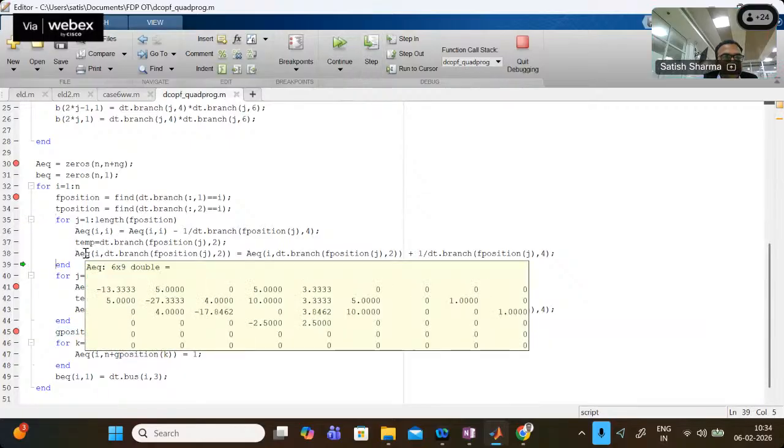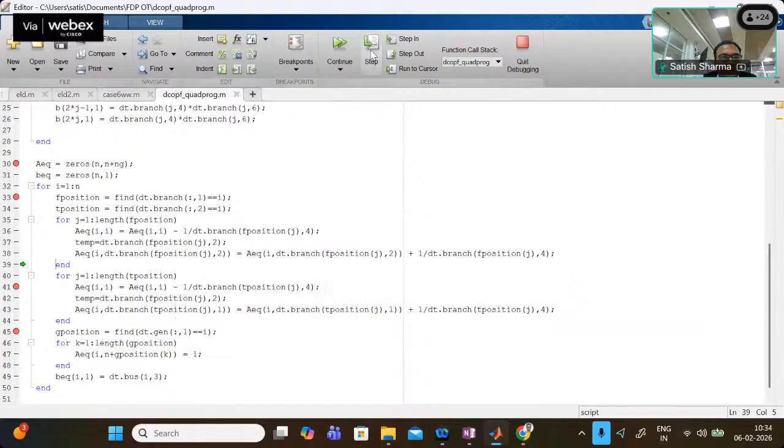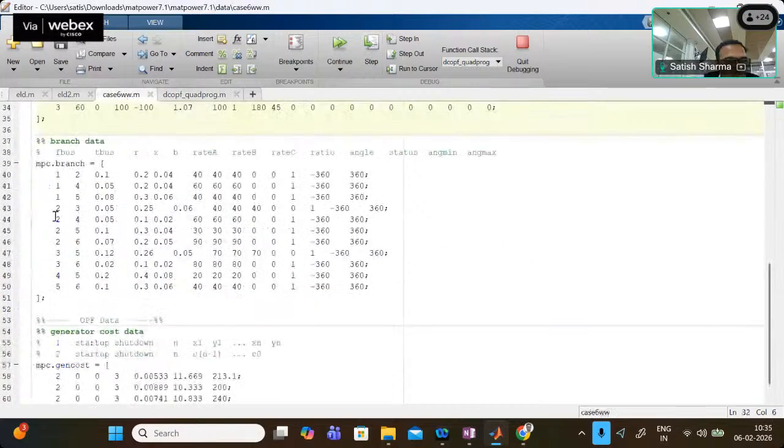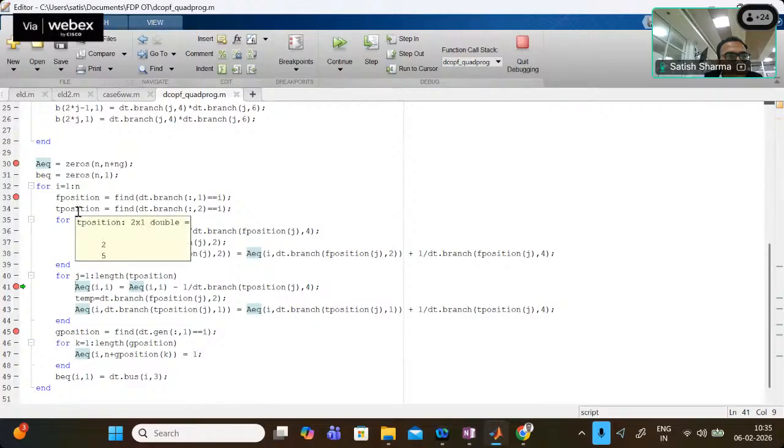Some AEQ has been put up for the fourth position as well. Now the T position for the 4 is, yes, one part it is 1 and 2. So let's see, the T positions are the second and fifth column. I'm able to solve it.